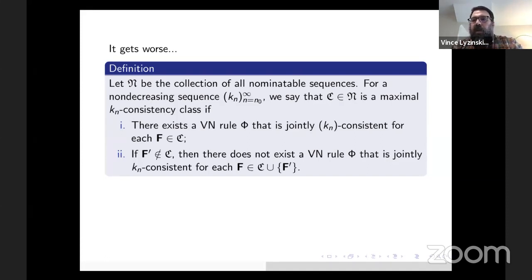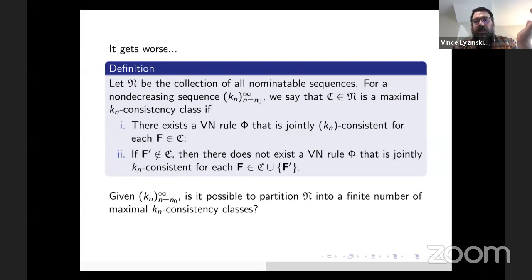And our thought was, if we could divide the set of nominatable sequences into a finite number of these consistency classes, then we could get past this lack of universal consistency using an ensemble approach. And unfortunately, that's not possible. If this letter is the set of all nominatable sequences, so sequences of nominatable distributions, can we partition that into a finite number of consistency classes?